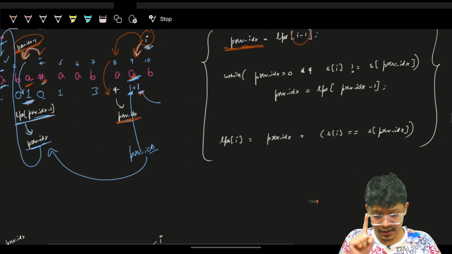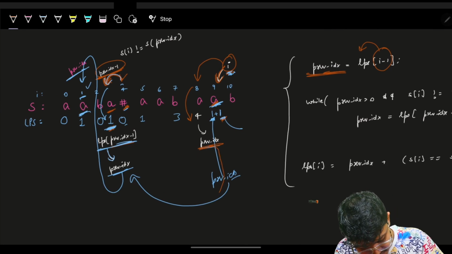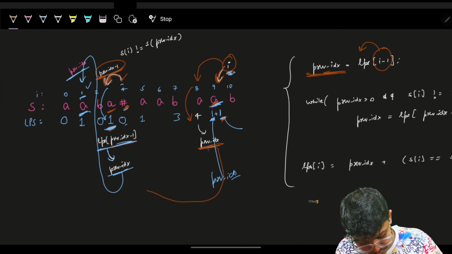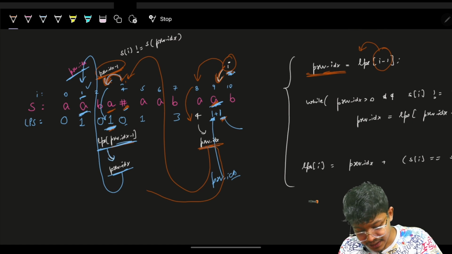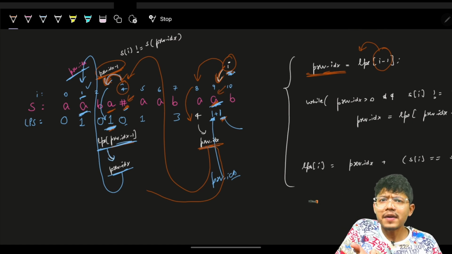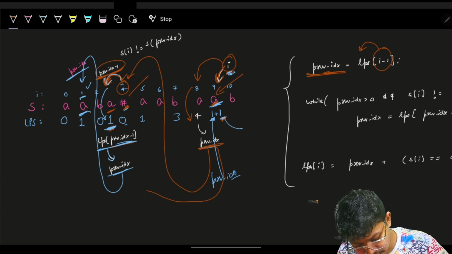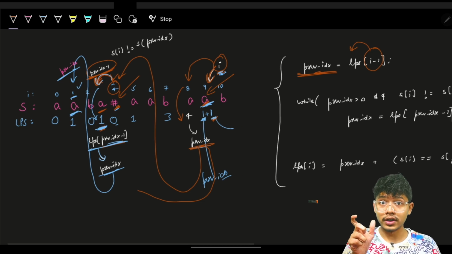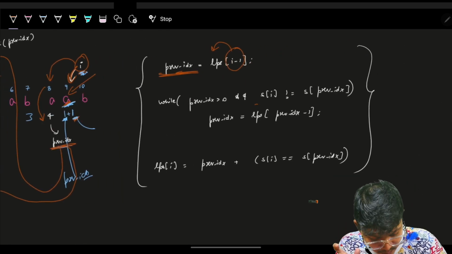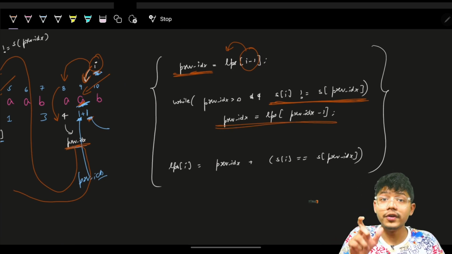Now when this is done, I'll have to go and check, for this length 4, if S of I is actually matching with S of previous index. S of I is this, S of previous index is this. If it is matching or not. Until it is not matching, you have to keep on moving your previous index.